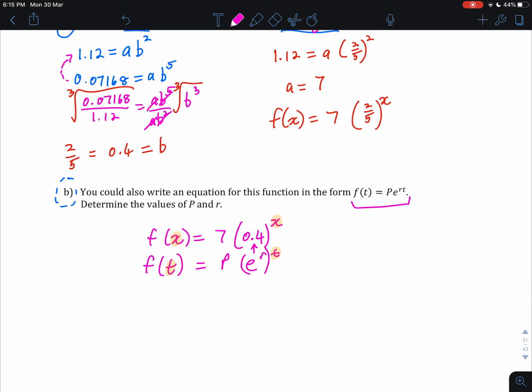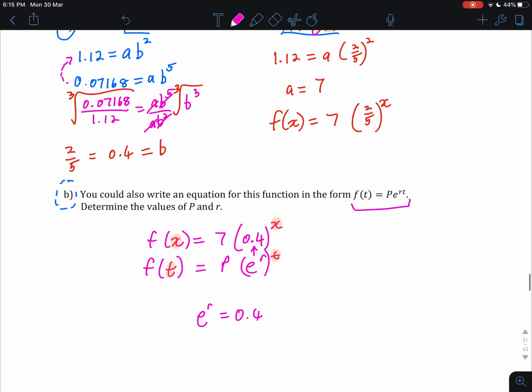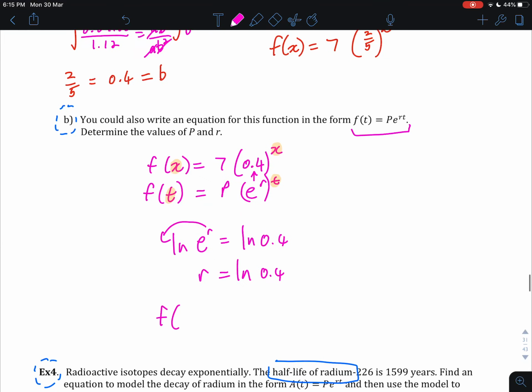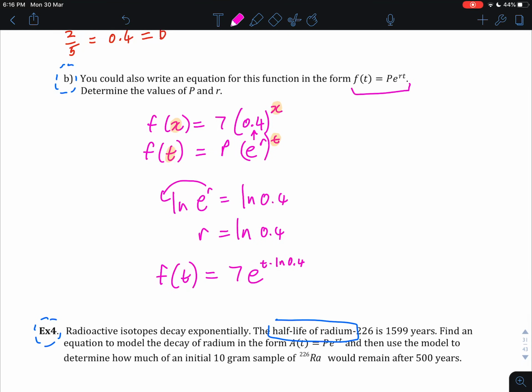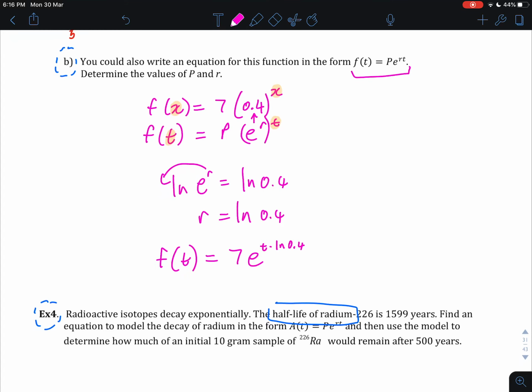E to the power of r is going to be our growth or decay factor, and so if we were to simply solve e to the power of r equals 0.4, which of course I'll do by taking ln of both sides, or introducing a base e logarithm, and then moving the r to the front, I will have r equal to ln of 0.4, and this allows me to rewrite the equation as f of t equal to 7 e to the power of t multiplied by ln 0.4, and we've now converted the equation to the PERT form.